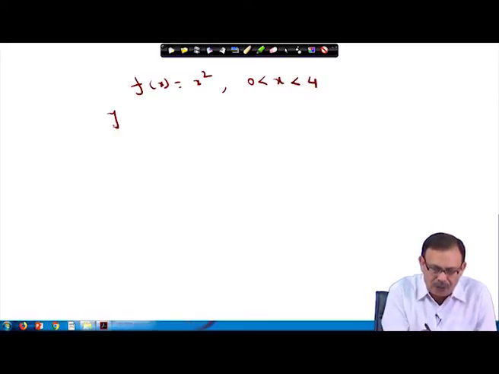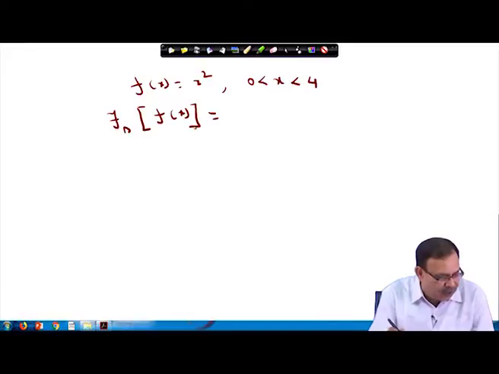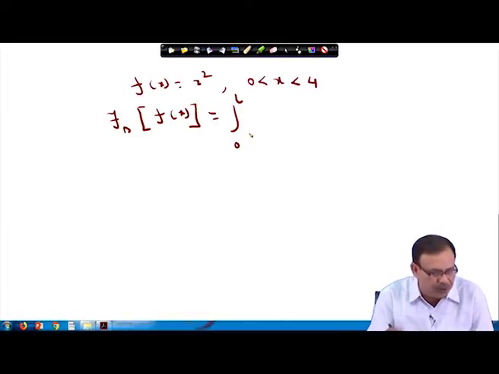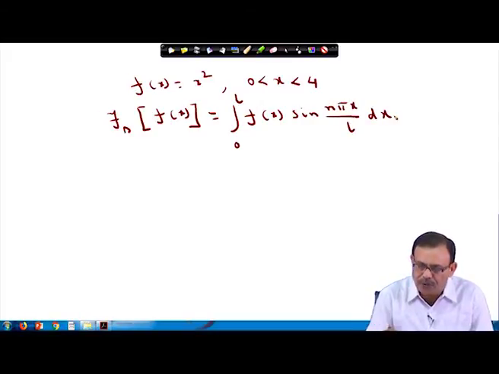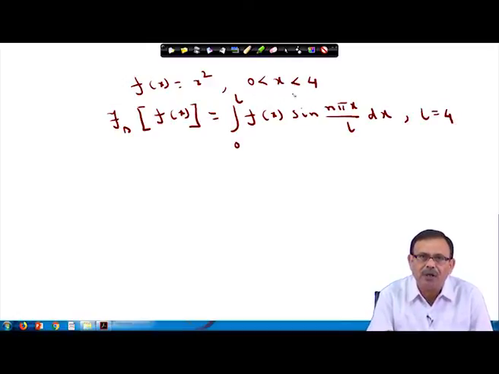Therefore, f(x) is given as x square where 0 less than x less than 4. The finite Fourier sine transform of f(x), please note that although we use a similar notation, this is the finite Fourier transform. From the definition, if it is from 0 to L, it is the integral from 0 to L of f(x) into sin(n pi x by L) dx. Here f(x) is x square and L is 4, since the function is defined from 0 to 4.